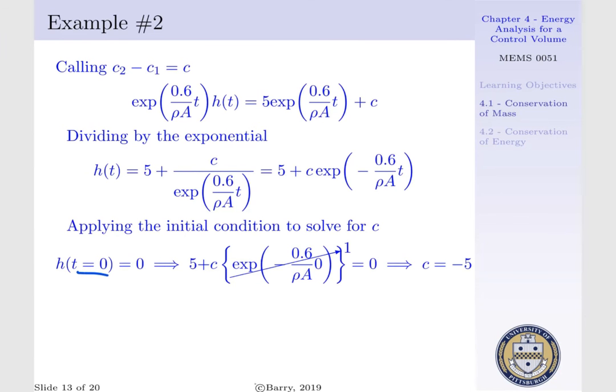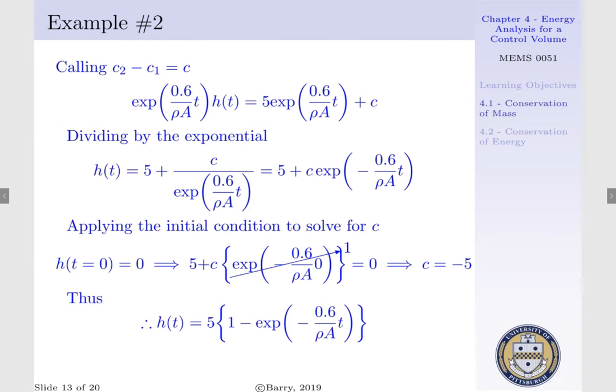When time is equal to 0, the height of our fluid level is equal to 0, and thus we'd have 5 plus c times the quantity, our exponential, of 0.6 t, which is now equal to 0, per rho A, which is identically equal to unity, would be equal to 0, our initial condition. That is, c is equal to negative 5.